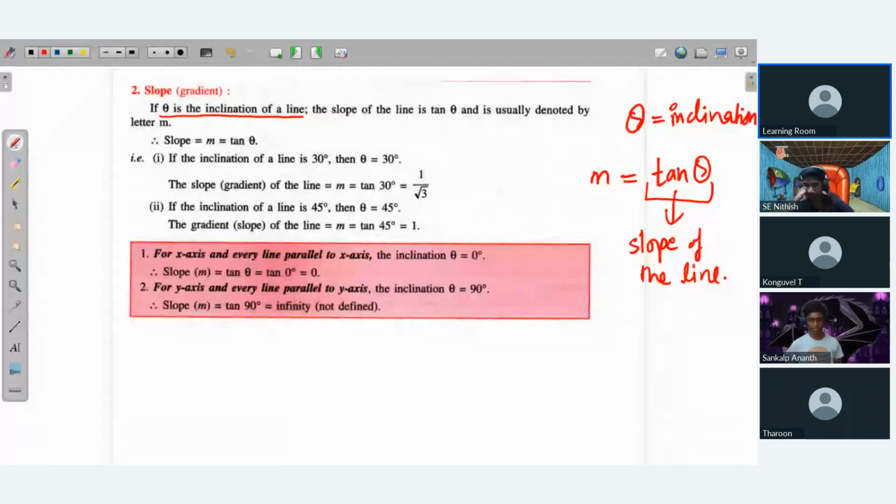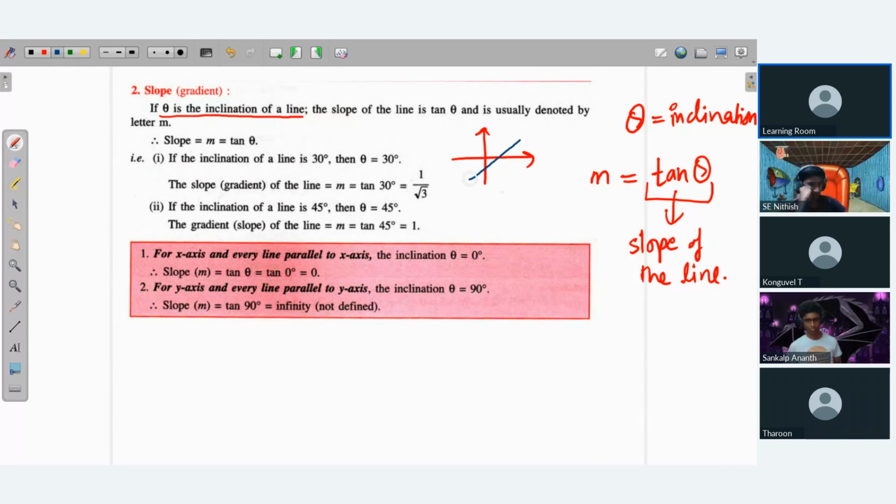So an example is given for you. If an angle is at 30-degree inclination, which means it must have been looking like this. There is an interesting thing. I can make two lines whose inclination is 30 degrees.